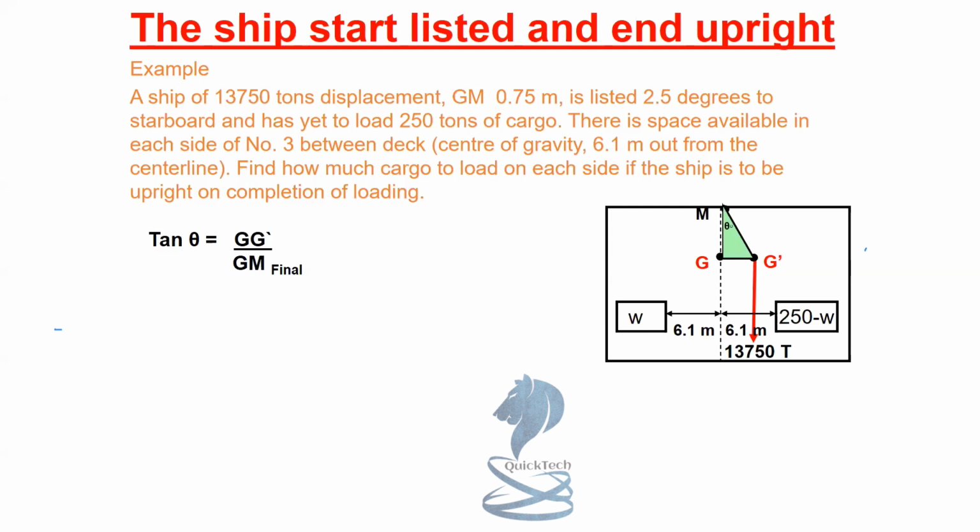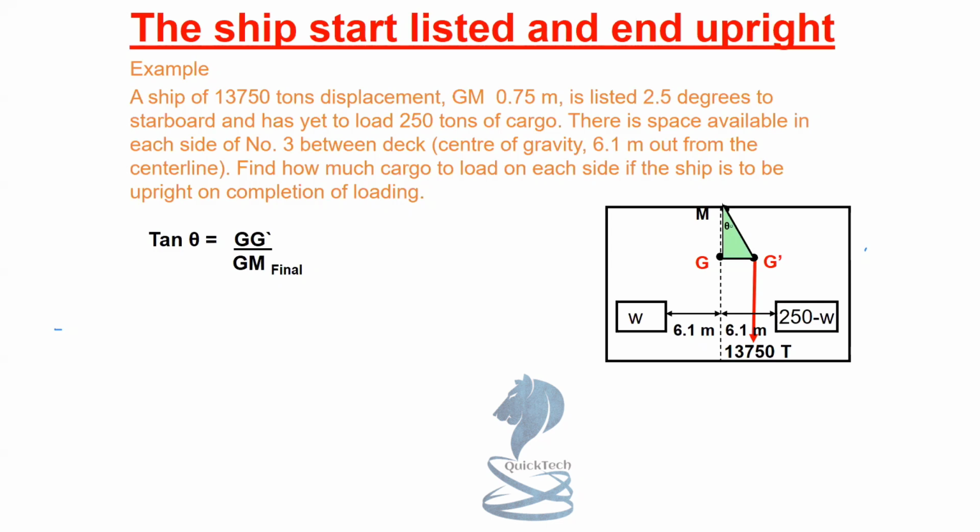We have to load 250 tons. Let's assume W to be loaded on the port side. On the starboard side will be 250 minus W tons. The distance is 6.1 meters on either side from the center. The center of gravity has shifted to G dash as the ship is listed to starboard side, and the displacement of 13750 tons is vertically down from point G dash.